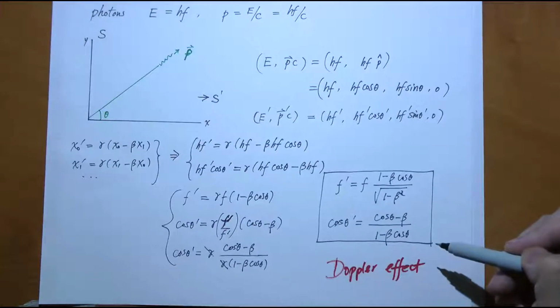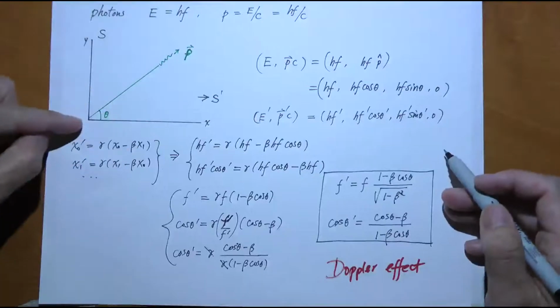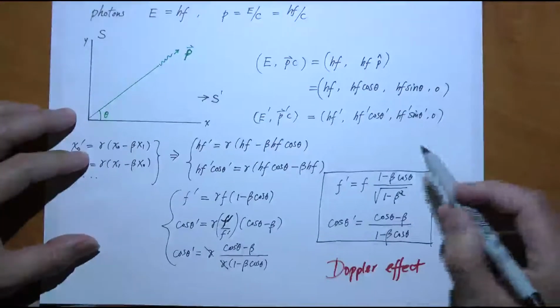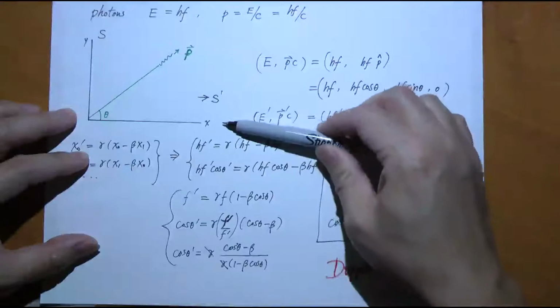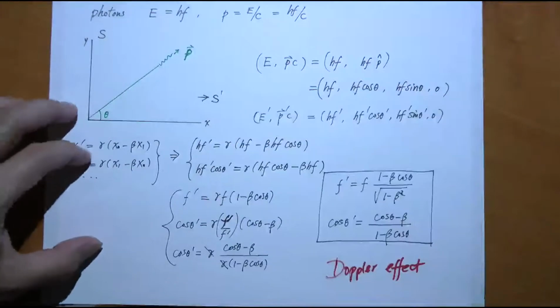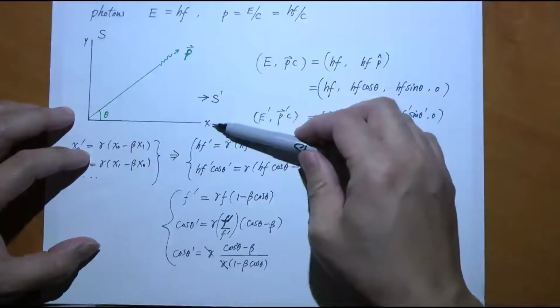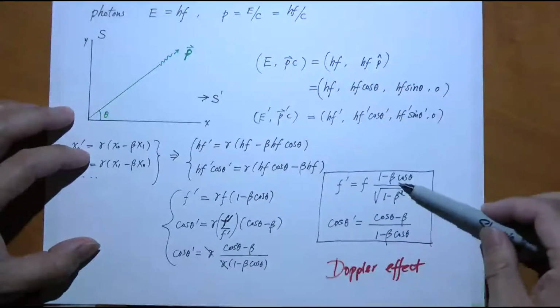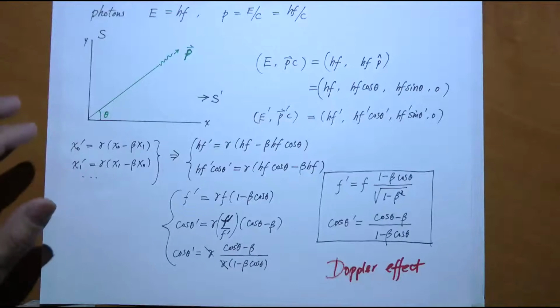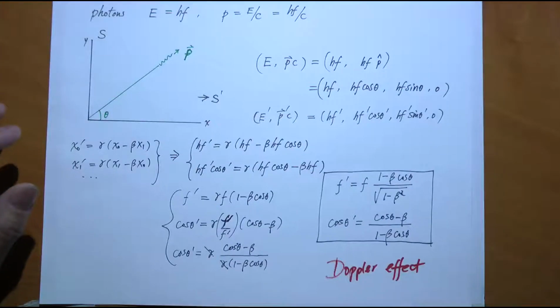If we take a look at a special case where theta equals 0, so if the photon shoots this way, and I watch it while I'm moving towards it, this v in fact is reversed, right? So I can take that formula, I have to reverse that v, and don't forget I also have to take theta equal to 0, so cosine theta equals 1.